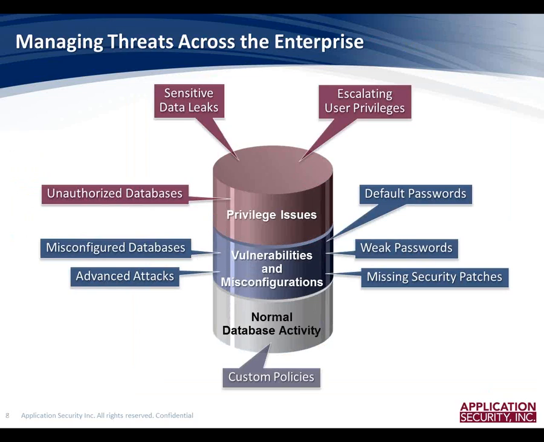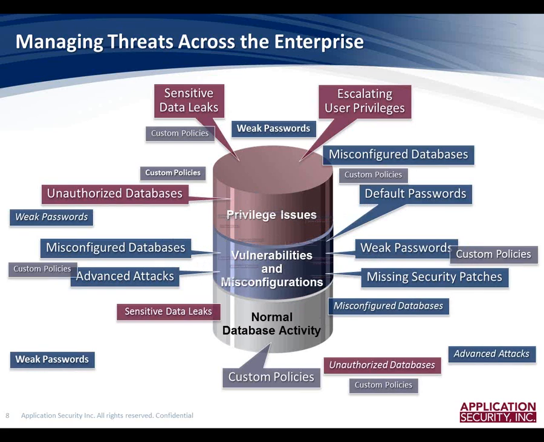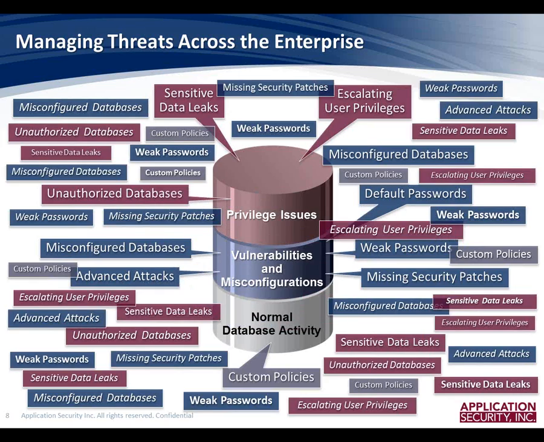Let's take a look at threats from a database perspective. Every database has some level of normal activity associated with it, or that's performed on it. It has a configuration that includes vulnerabilities and misconfigurations, and it also houses a collection of privilege issues. When you take these issues and multiply them across the enterprise, knowing where to focus security efforts can become extremely difficult and overwhelming for today's enterprises.